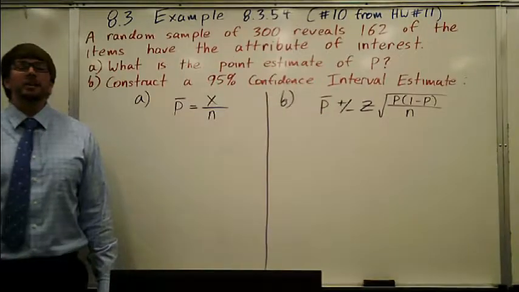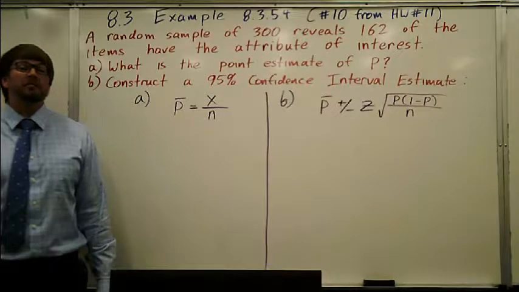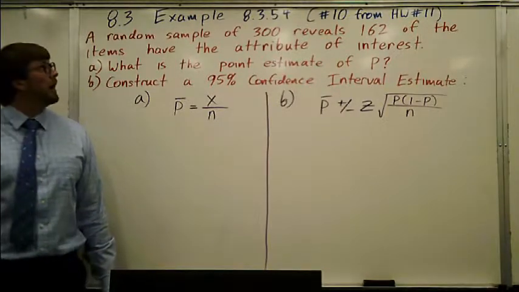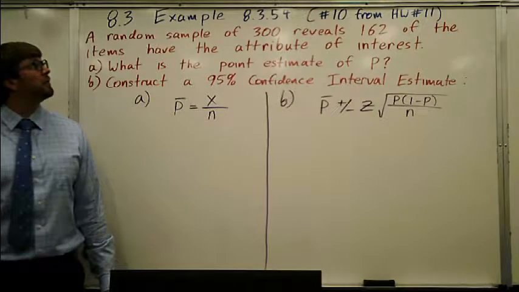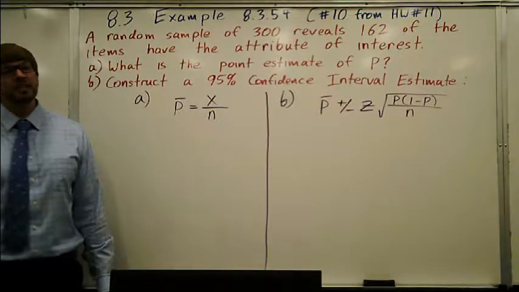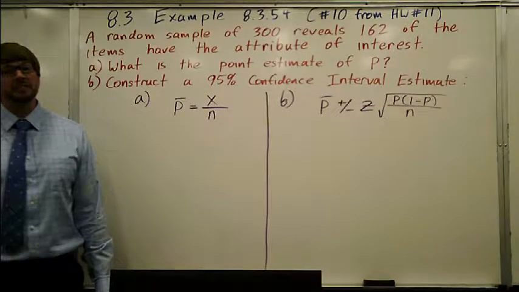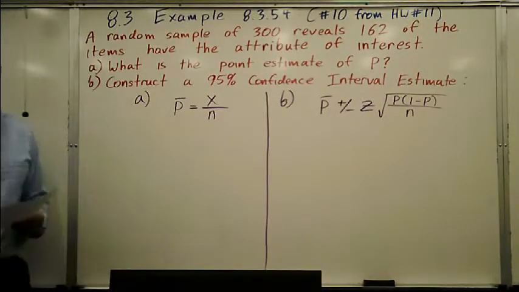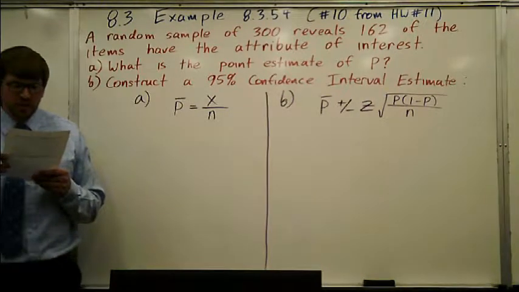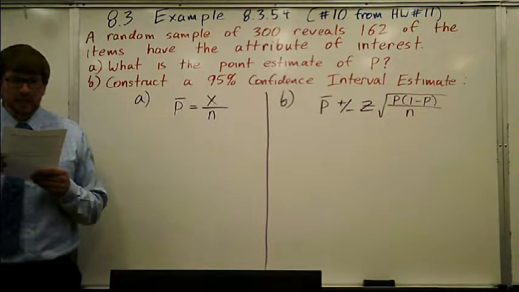Alright, let's check out one more example of determining a confidence interval for a population proportion. This one is 8.3.54 from MyStatLab, which is number 10 from your 11th homework assignment. Let me read the problem statement. A random sample of 300 items reveals that 162 of the items have the attribute of interest.